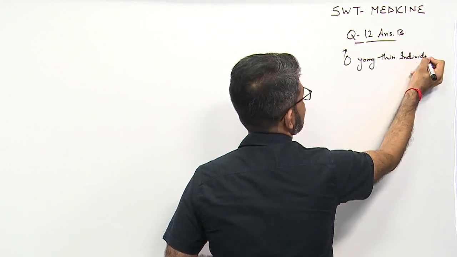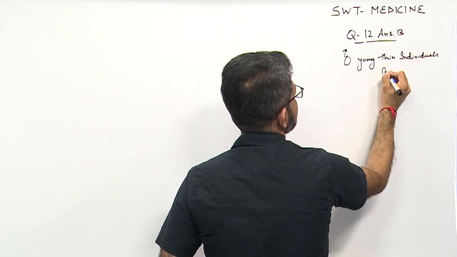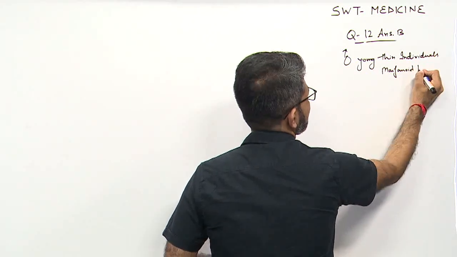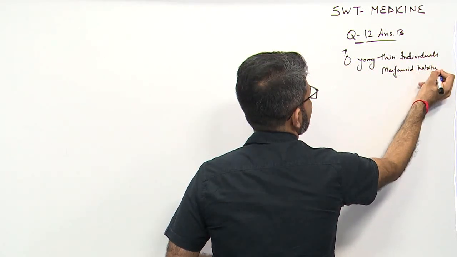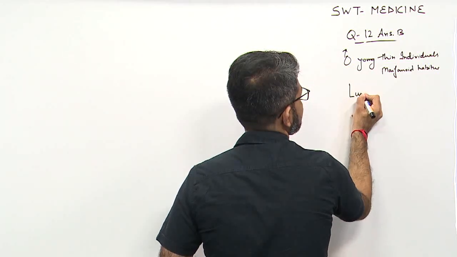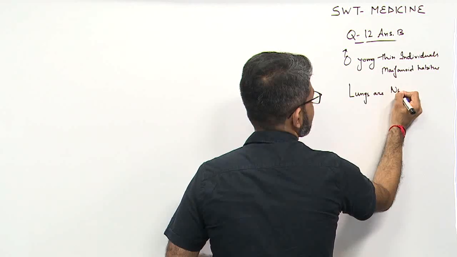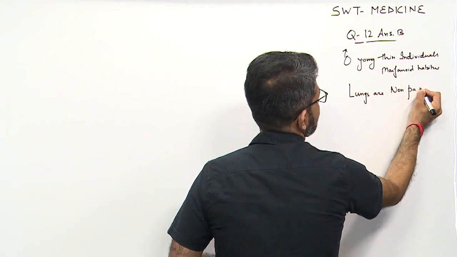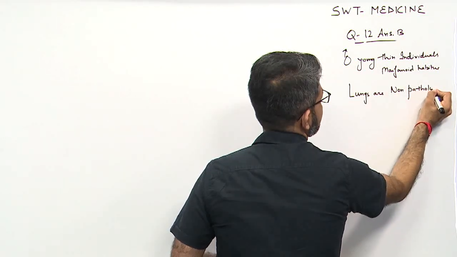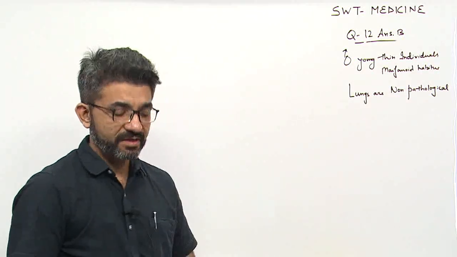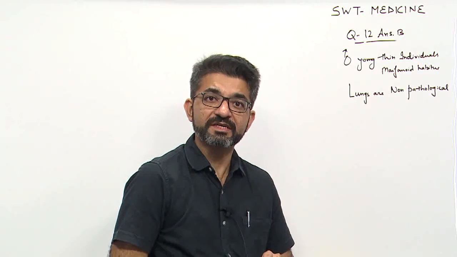The risk factors are marfanoid habitus, and lungs are non-pathological. Remember, lungs are non-pathological. They don't technically have any parenchymal or pleural disease as such.